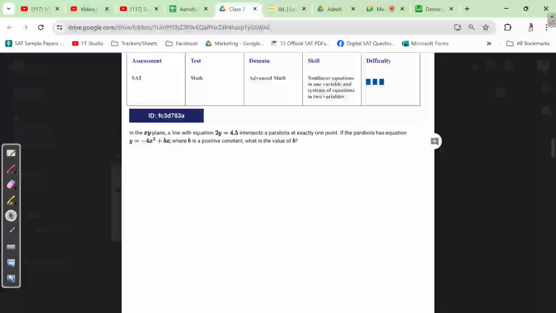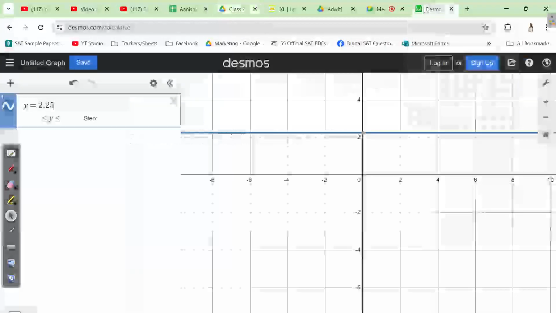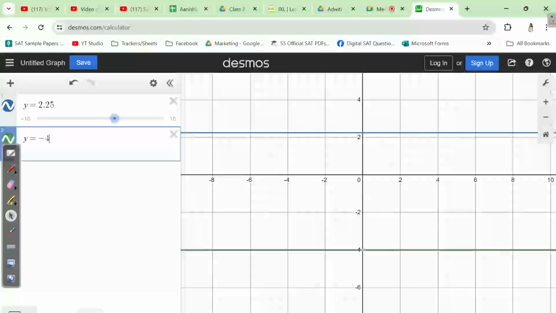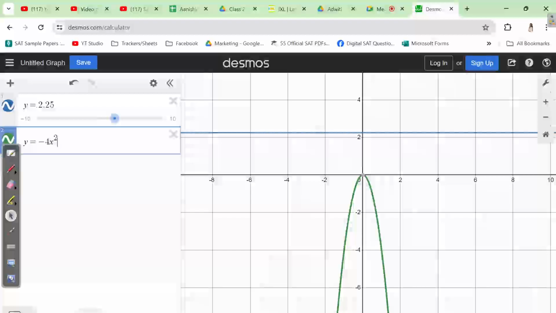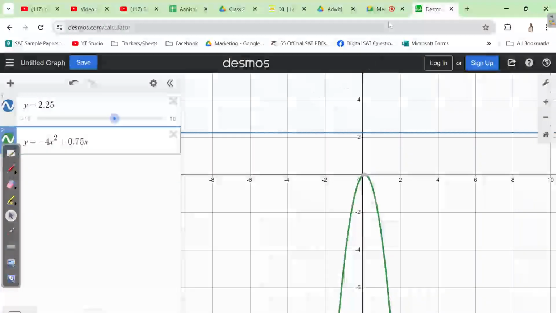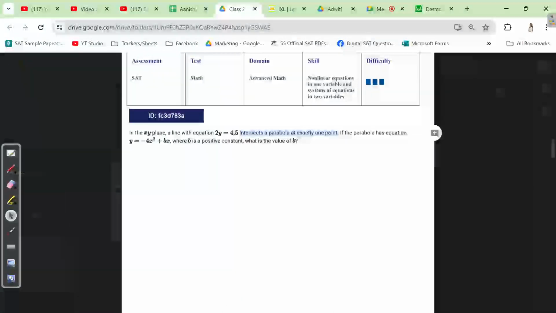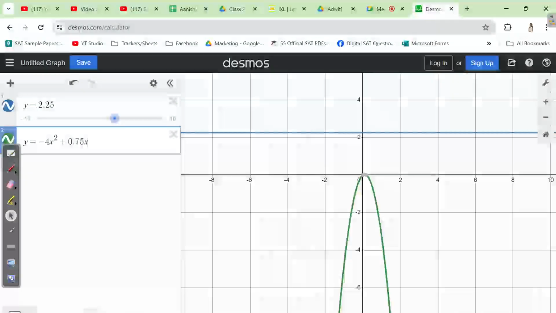So I'm going to put 0.75 here and we'll plot it. y is equal to negative 4x square plus 0.75x. But in the question it says that this line intersects the parabola at exactly 1 point. So if I'm taking b as 0.75, this is not touching the parabola at 1 point.